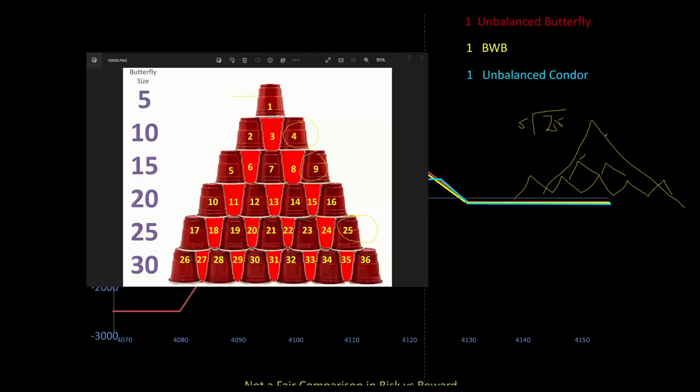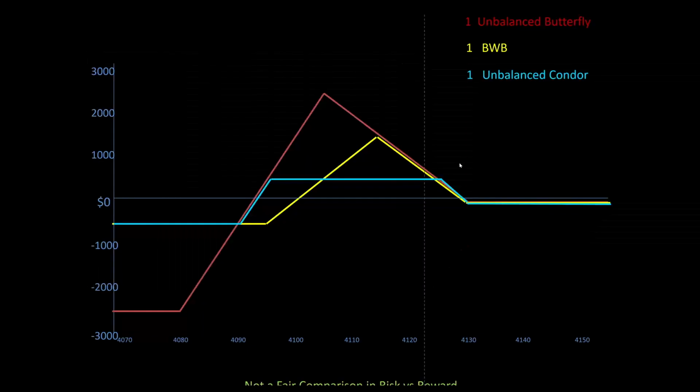$5 butterflies. So for the same reason that this gets a little bit confusing with butterflies, this graph is a little bit off because we're not comparing apples and apples.